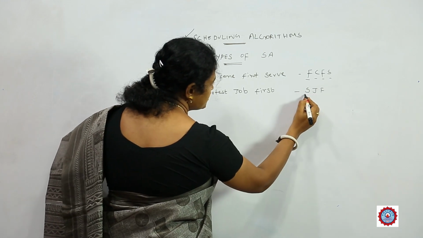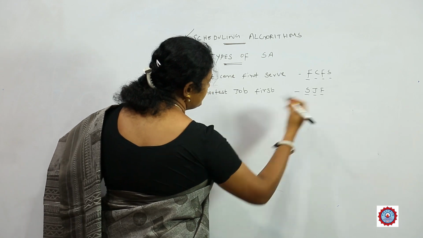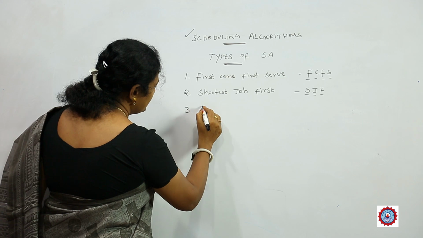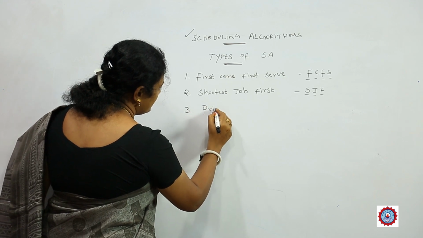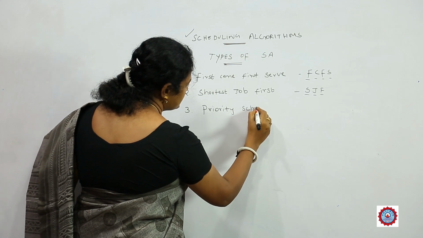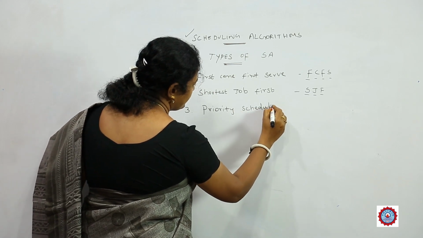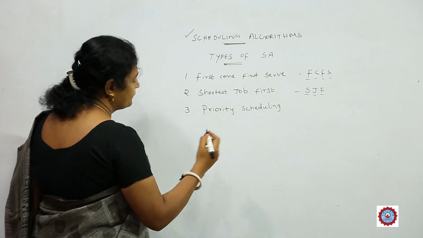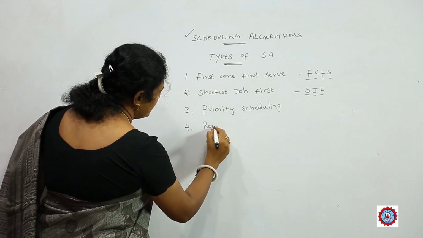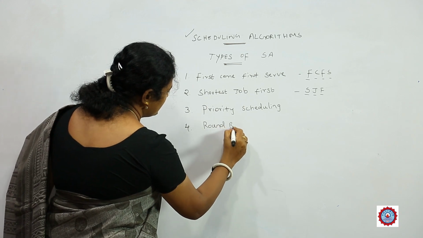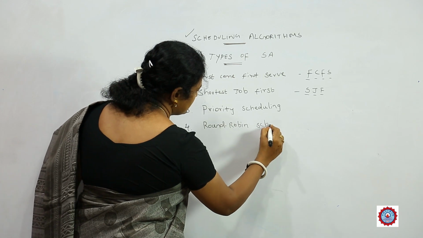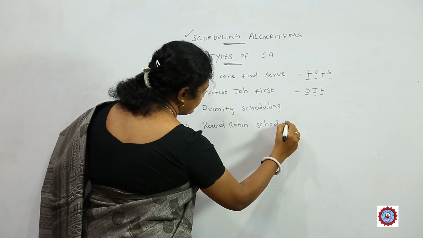The acronym stands for shortest job first. And the third one will be priority scheduling. Fourth, round robin scheduling.